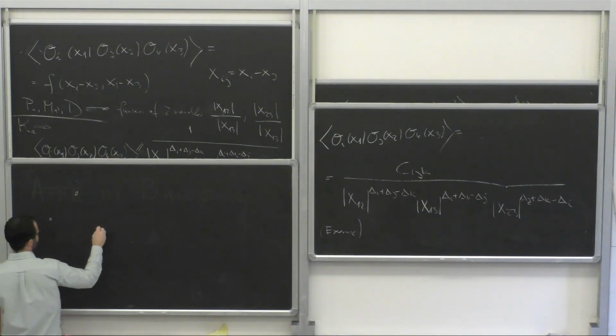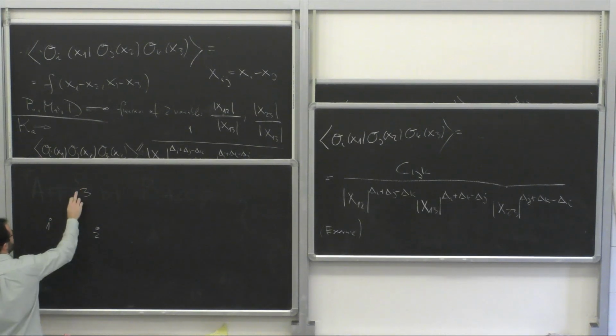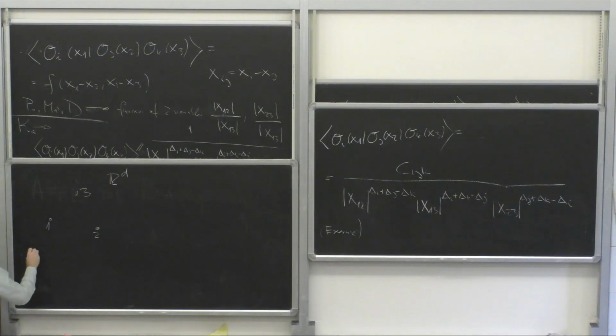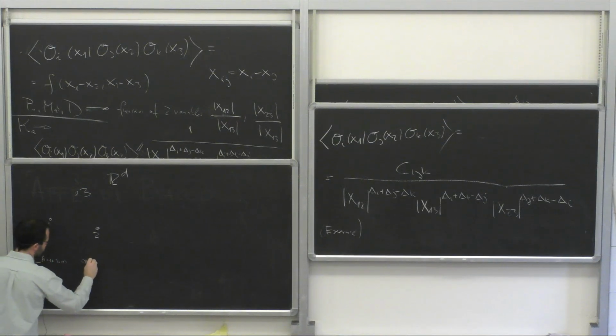So if you have 3 points, x1, x2, x3 in R^D, then you can use the inversion, say inversion around x3.